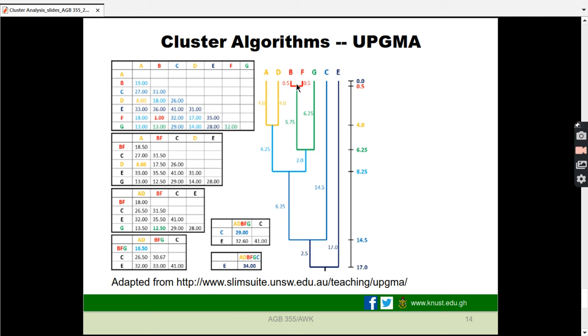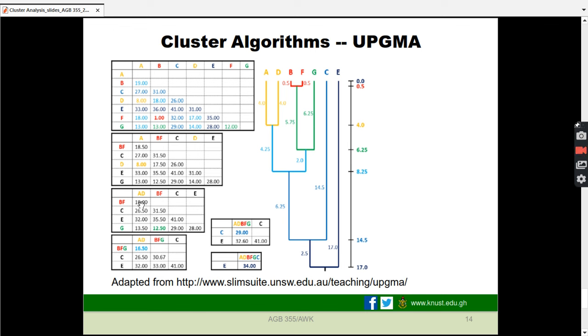The next one, where is BF linked to? BF links to G. So let's see. No, first of all, let's look at the AD first.